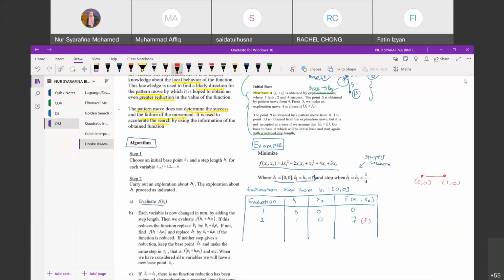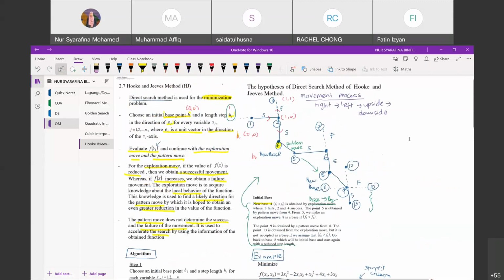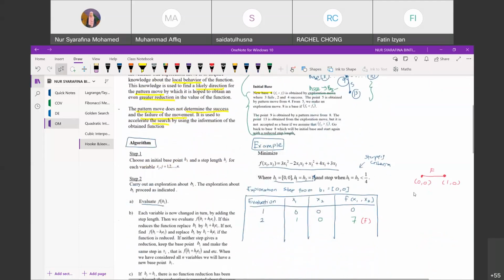All right, so when it is a fail, what should we do next? What is our next evaluation? Where is our movement? The movement process is right, left, upside, downside. So next is to the left.